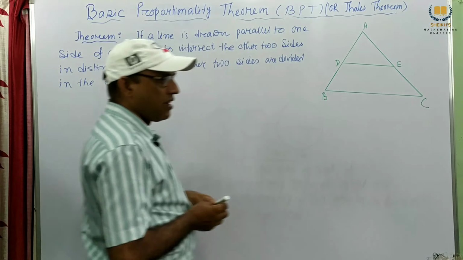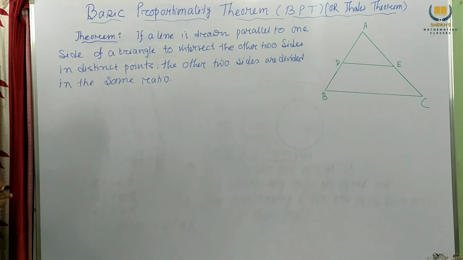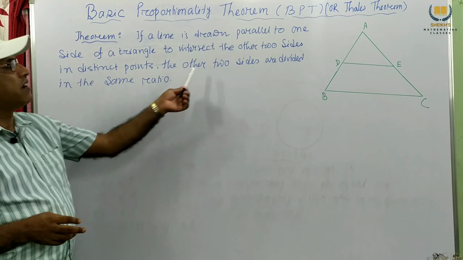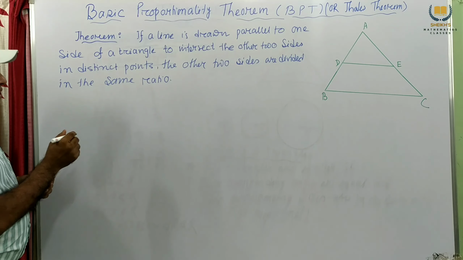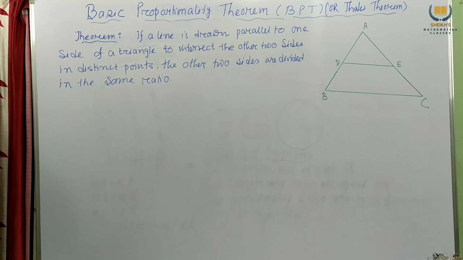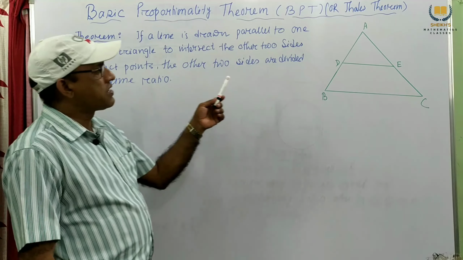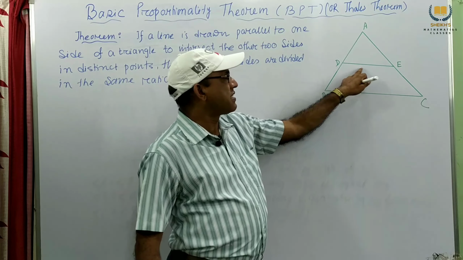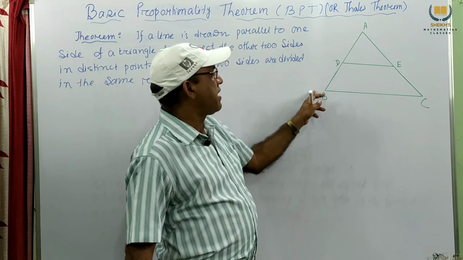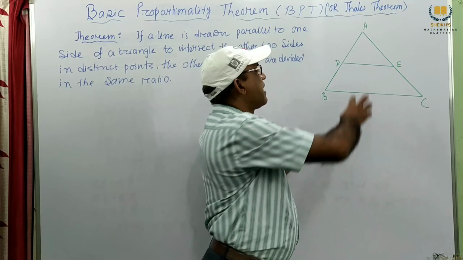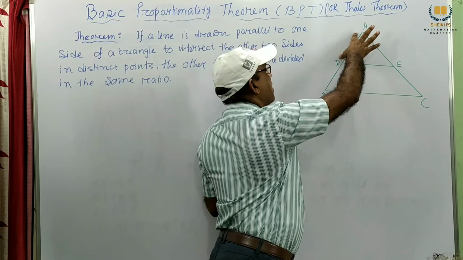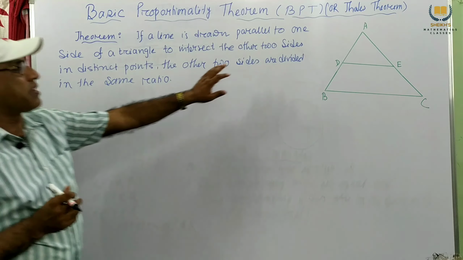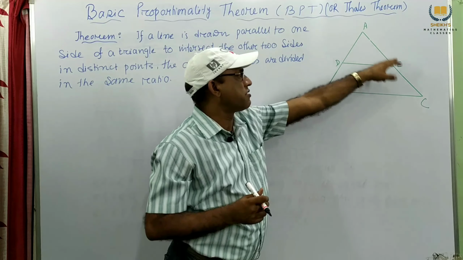We have to prove this, but I want to just write the formula. So this is the Thales theorem. If DE is parallel to BC and this line intersects AB at D and AC at E, then the other two sides are divided in the same ratio. That means this by this equal to this by this.